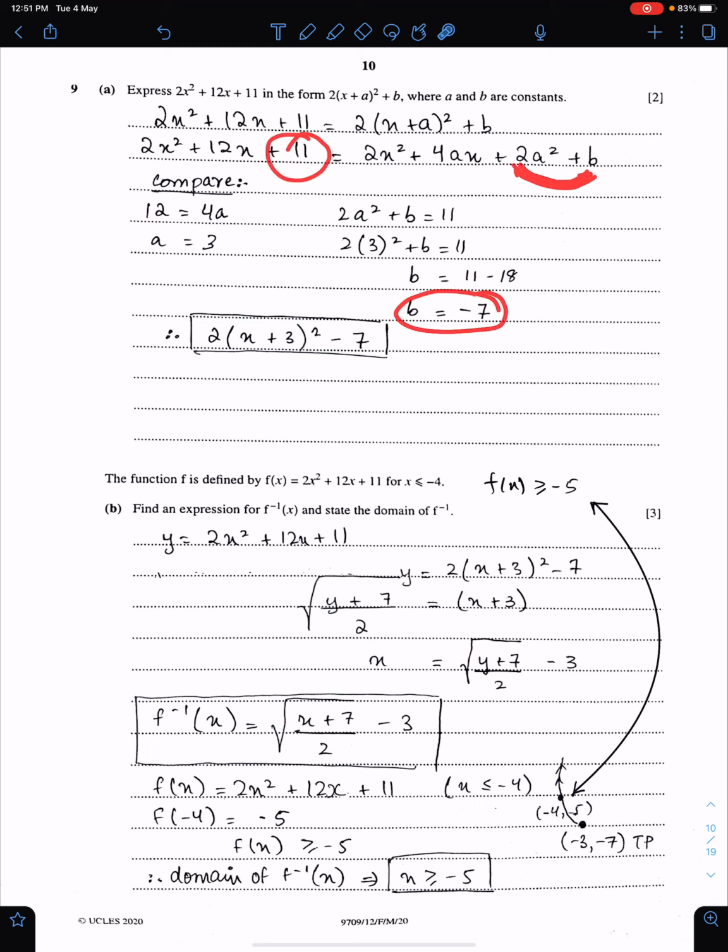So b is minus 7. Make sure you substitute the values of a and b into this equation. You can suppose this as equation number 1. Always substitute the values into equation 1. This is the required form.